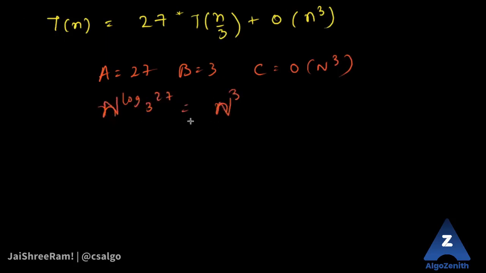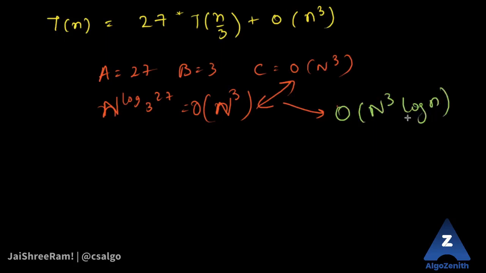This is as well n to the power 3. So now this and this are the same. When we have the same, you just add a log n to the thing. So the answer for this would be order n cube log n.